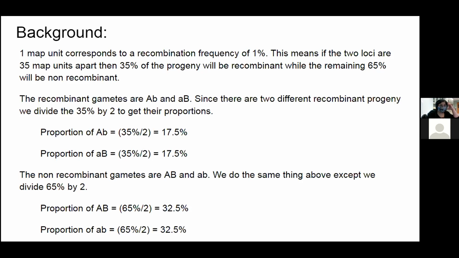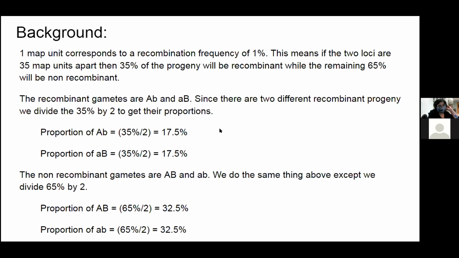The recombinant gametes are big A, little b, and little a, big B. Since there are 2 different recombinant progeny, we divide the 35% by 2 to get their proportions, which I got 17.5% for big A, little b, and little a, big B. And the non-recombinant gametes are big A, big B, and little a, little b.